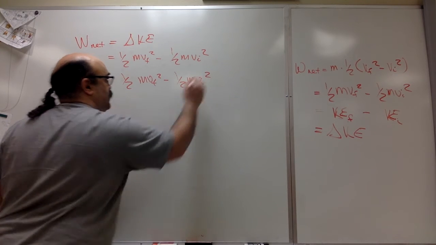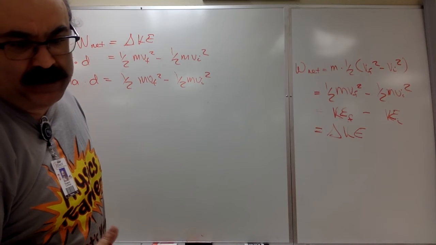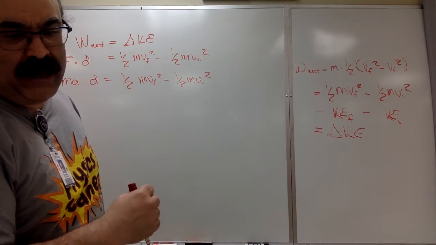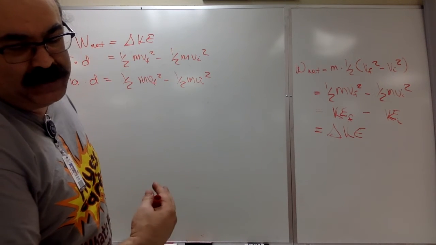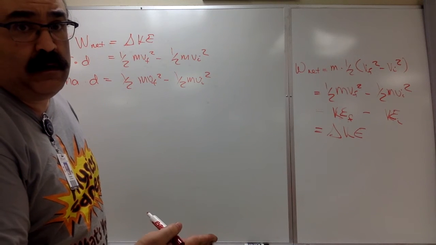Okay, I know in the example problem they give you on page 167, they solve for d, but realize in that particular problem, when they solve for d, it was the fact that the final velocity was 0.